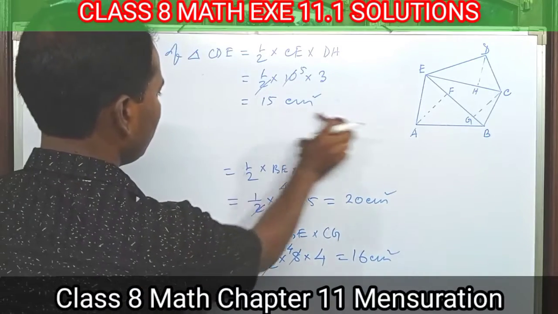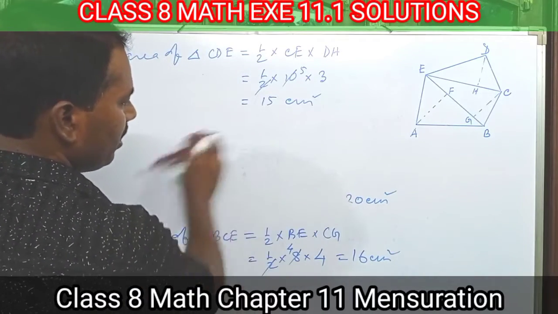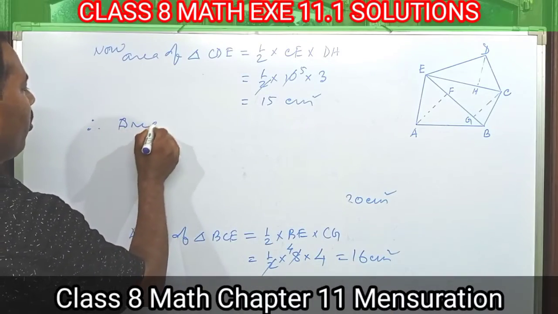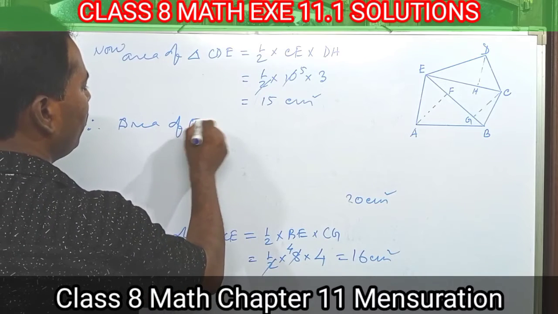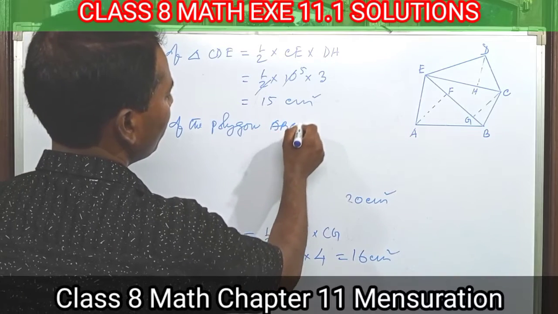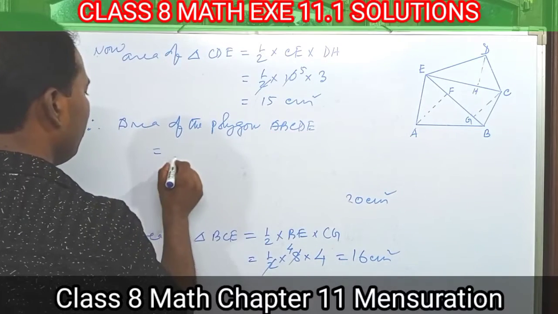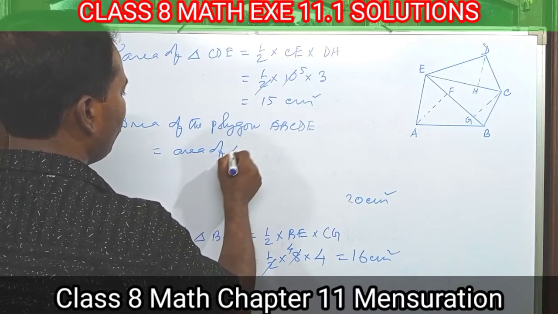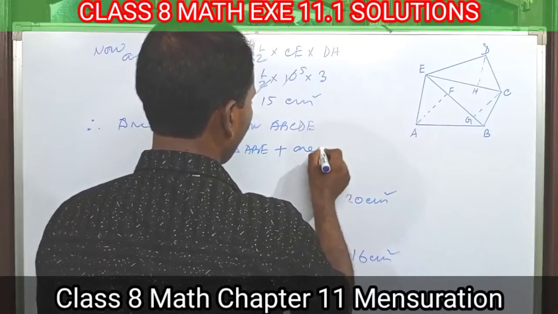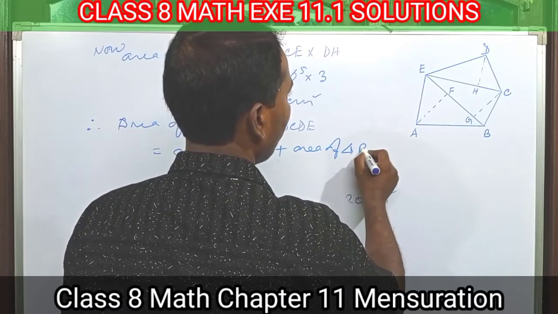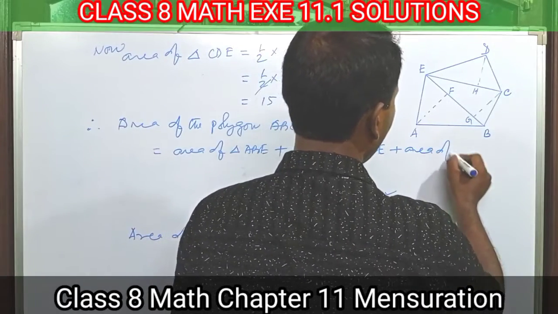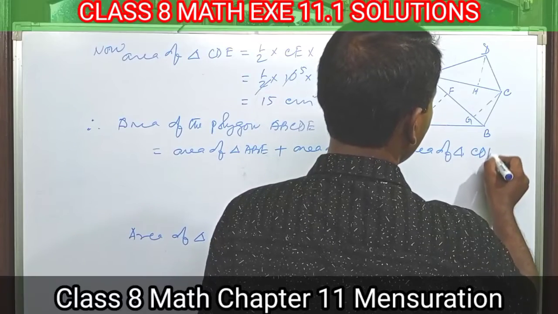Now add the areas of these 3 triangles, then we will get the area of this polygon. Therefore, area of polygon ABCDE equal to area of triangle ABE plus area of triangle BCE plus area of triangle CDE.